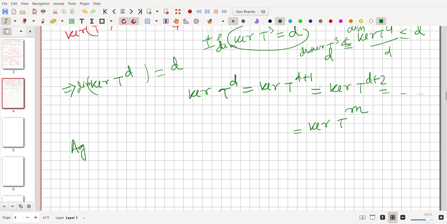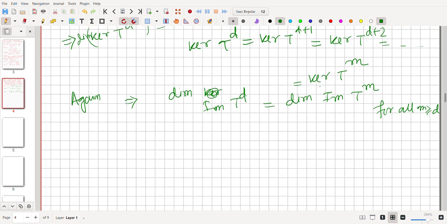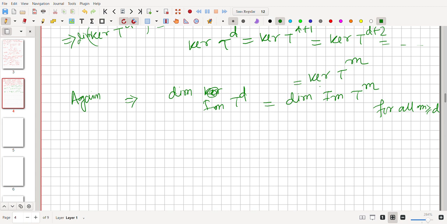Now again, this will imply the dimension of image T power d is the same as the dimension of image T power m for all m greater or equal to d.